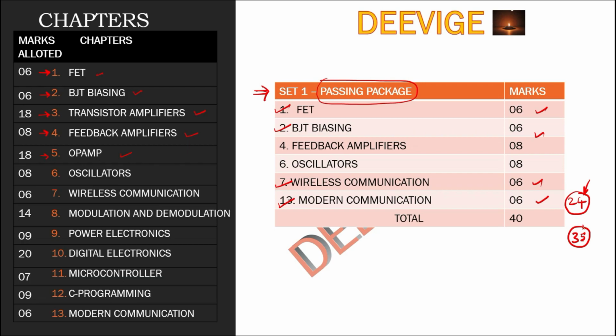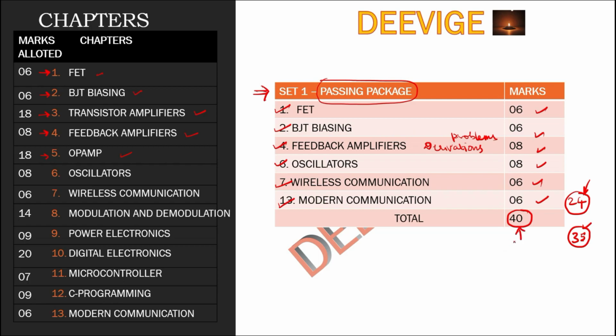So keeping this in mind, I have added 2 more simple chapters, that is feedback amplifiers, wherein most things are derivations and problems will come on this chapter for 5 marks. Then oscillators. Both these 2 chapters are for 8 marks. So set 1 contains 40 marks in total.